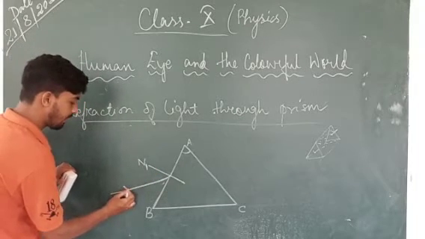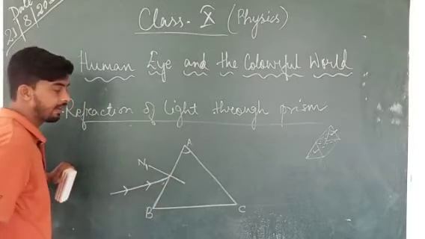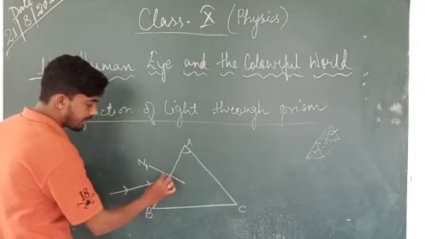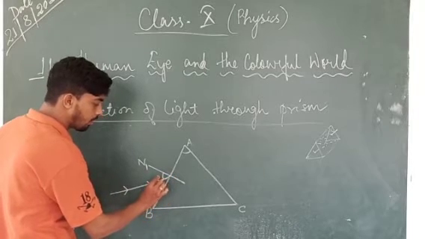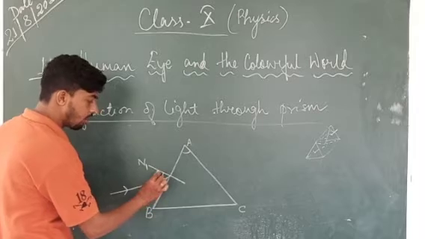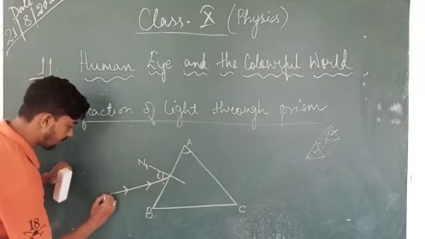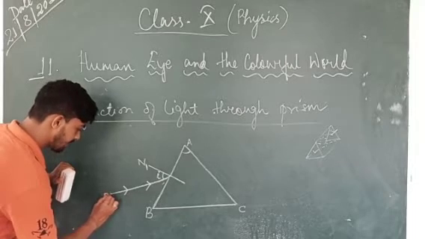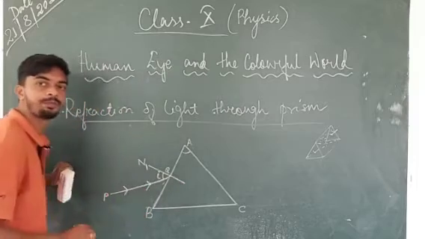So this is the incident ray falling onto this side AB. That means this incident ray is making a certain angle with the normal, which is known as angle I, or simply angle of incidence. Let me name it as P, and here Q. This point is Q.